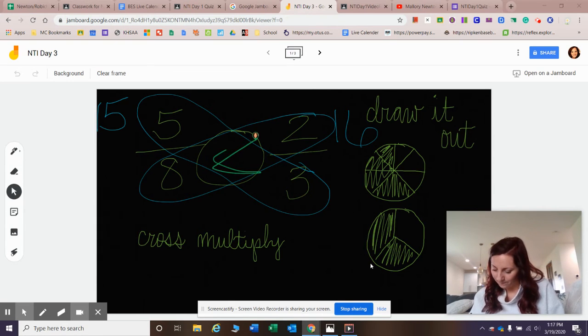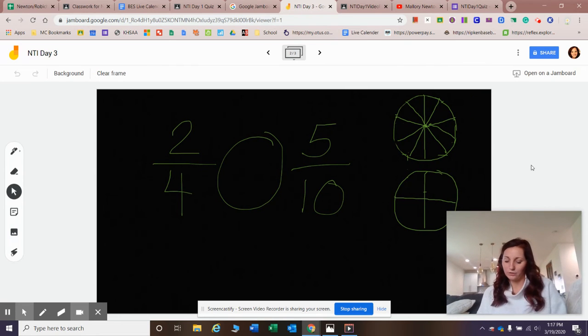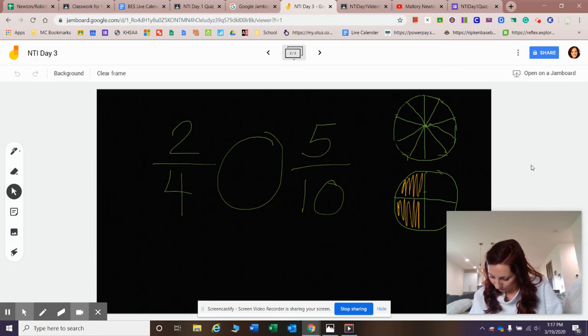All right, let's do another one. We have 2/4 and 5/10. I drew it out over here. Let's change colors. Let's do yellow. So 2/4, I'm going to color that in. That's exactly half of 4. 5/10, 1, 2, 3, 4, 5.